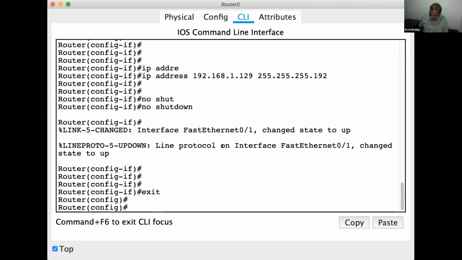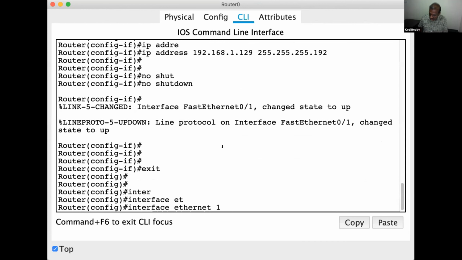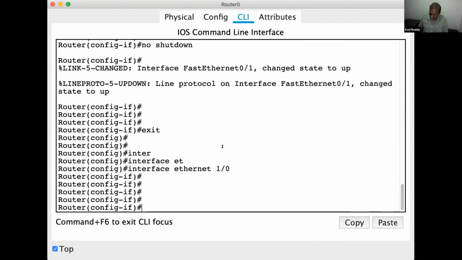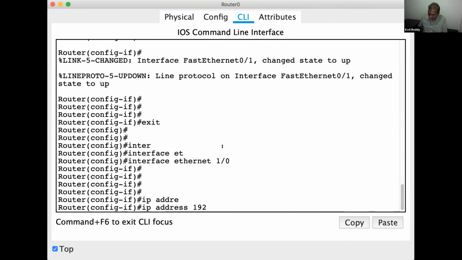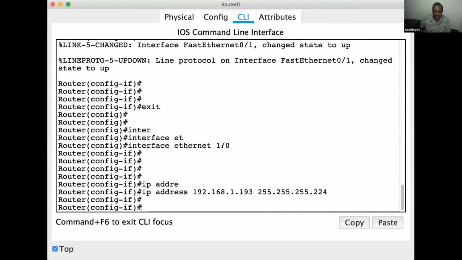Again I say exit. Interface Ethernet 1/0, IP address 192.168.1.193/27, mask 255.255.255.224, right?